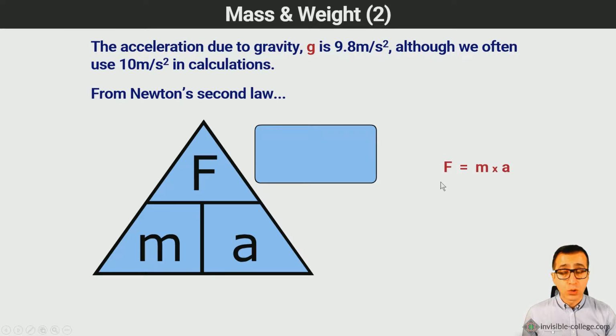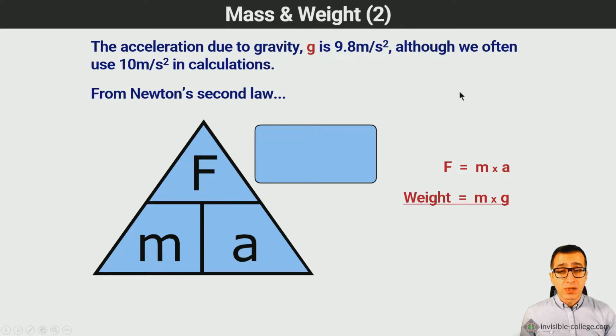So, from Newton's second law, we can say that the force on an object near the surface of the Earth that we call weight is equal to its mass multiplied by the gravitational acceleration, or the gravitational field strength, which is given as 9.8 newtons per kilogram.